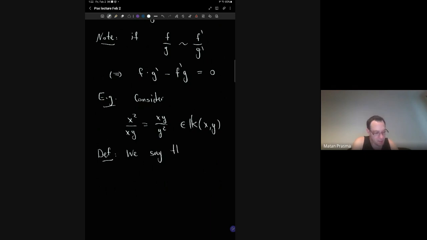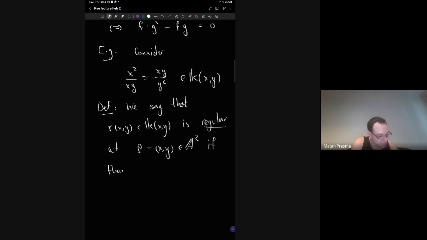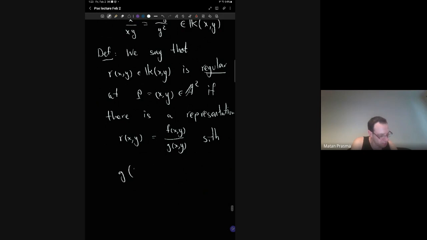We will say that a rational function R(x,y) is regular at P if there exists a representation R(x,y) equals F(x,y) modulo G(x,y), such that G of P is non-zero.